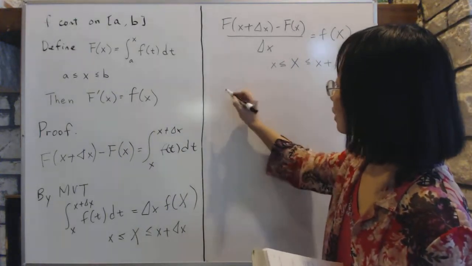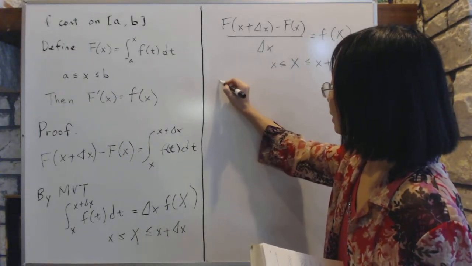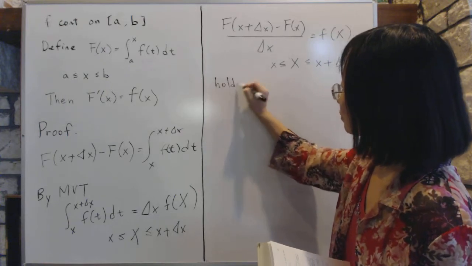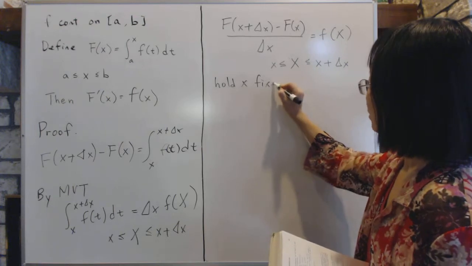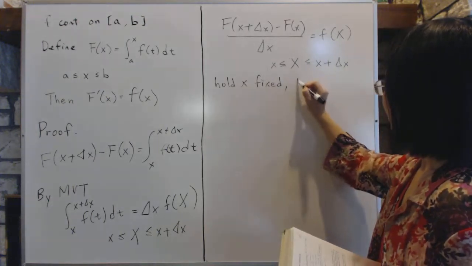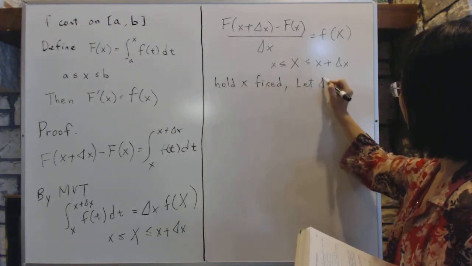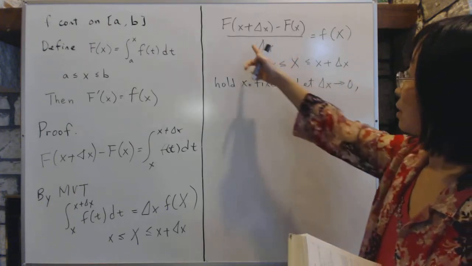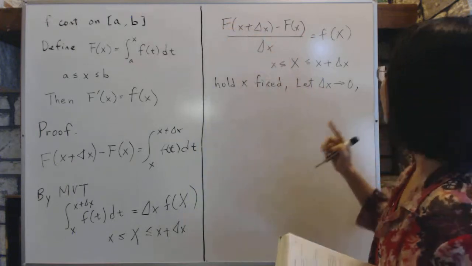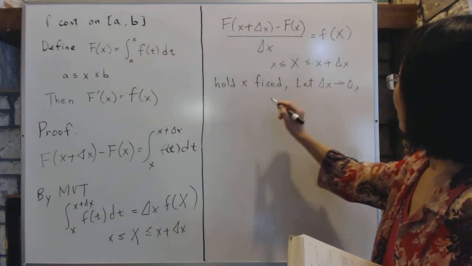So for this proof, let's hold x fixed, because we're considering only one x at a time. Okay, so x is fixed. Let Δx go to 0. What happens then? The left side becomes F'(x).